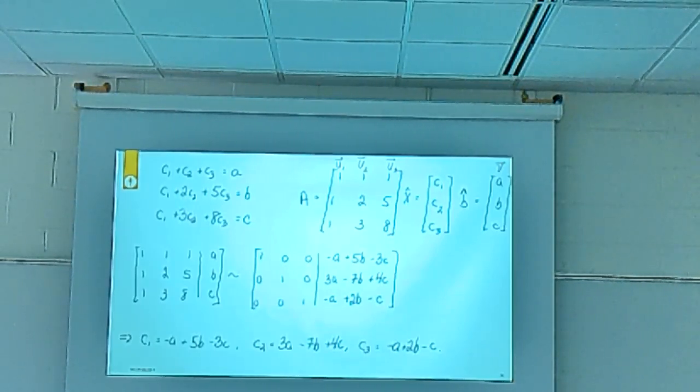We found our c1, our c2, and our c3. That means we showed that such scalars exist, which is precisely what we wanted to show.